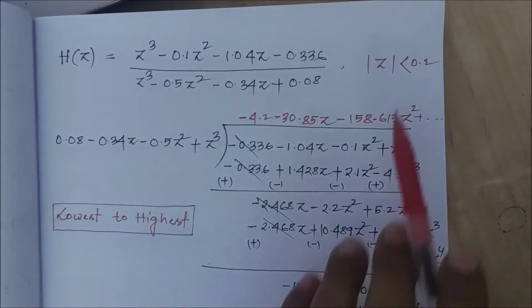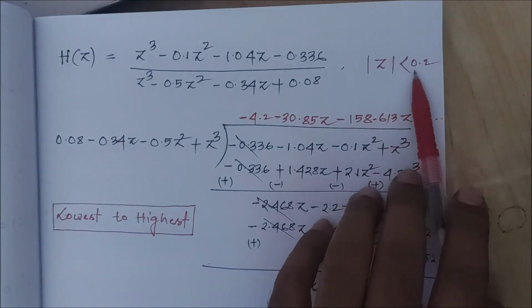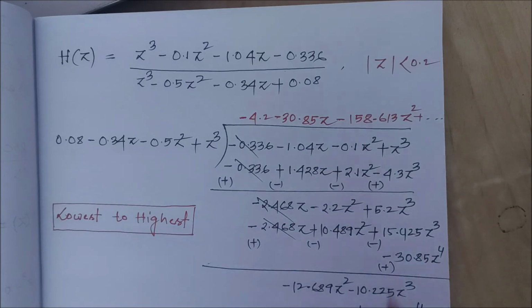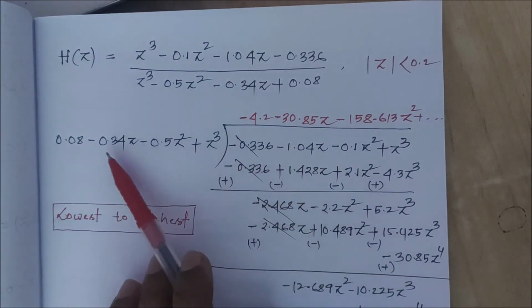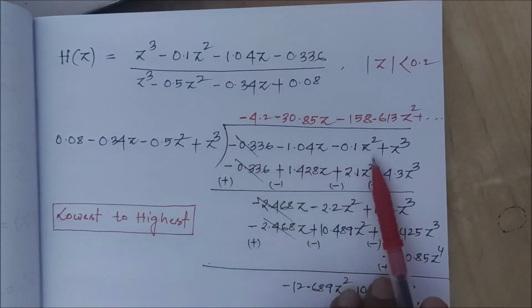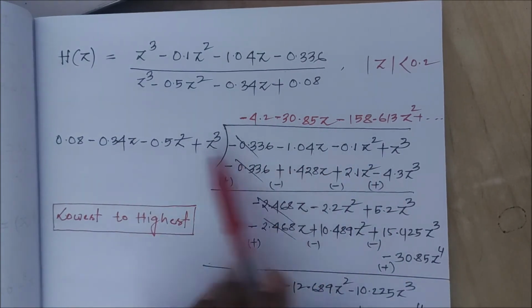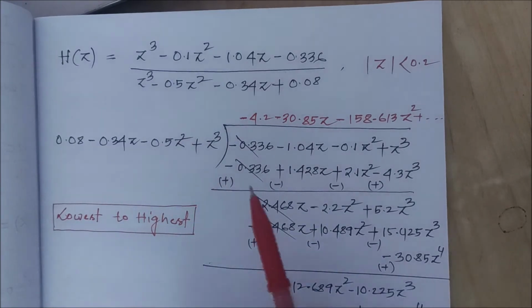Now let us see if the region of convergence is given as mod z less than 0.2. That means this indicates it is for an anti-causal sequence. In that case, we need to write down the divisor as well as dividend, or you can say the numerator as well as denominator, in the form of lowest to highest power of z.